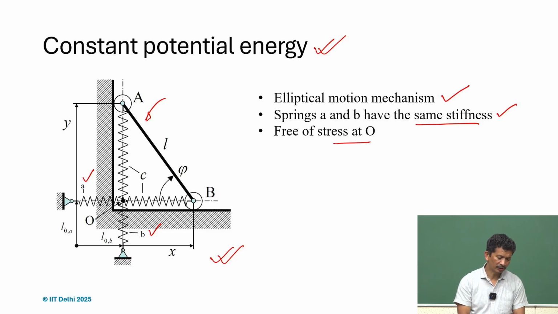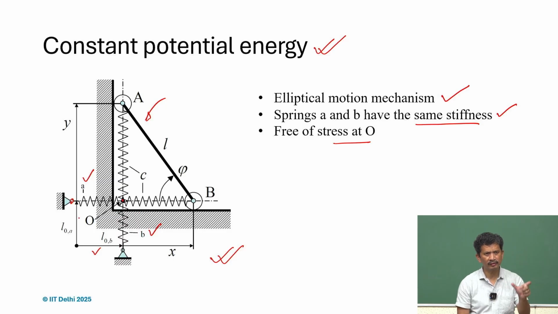When it's not attached to A and B, or suppose A and B approach O, that is the initial length, or we can say that is free of stress. So this is the initial length of this spring. For A this is the length we are talking about, and for B this is the length we are talking about.